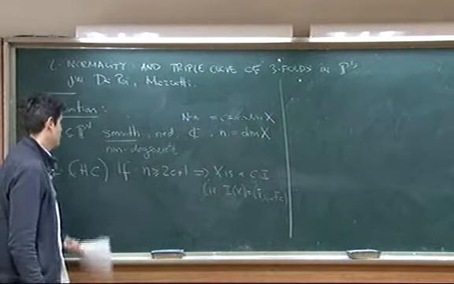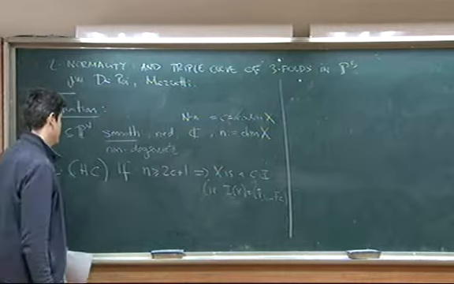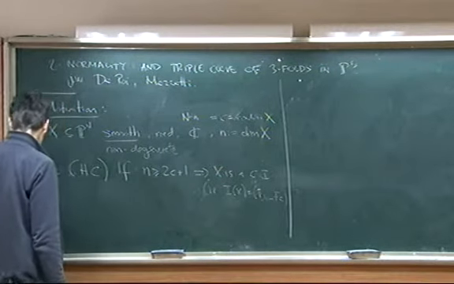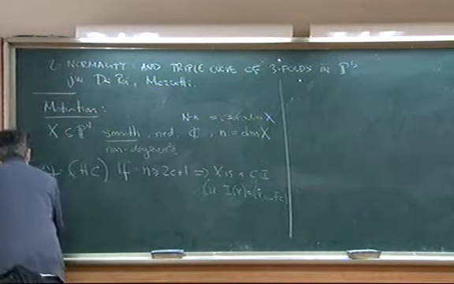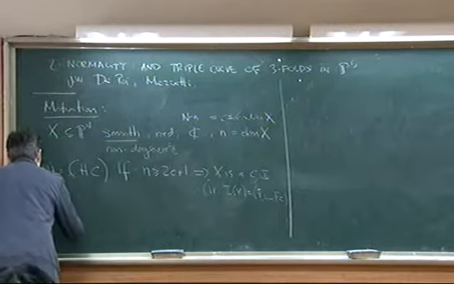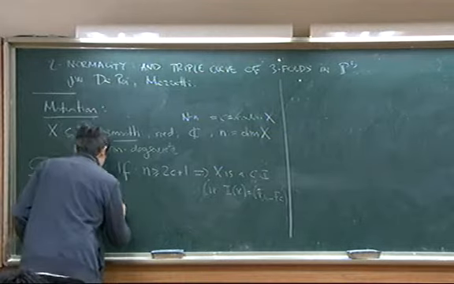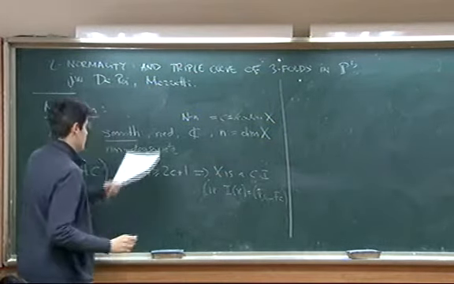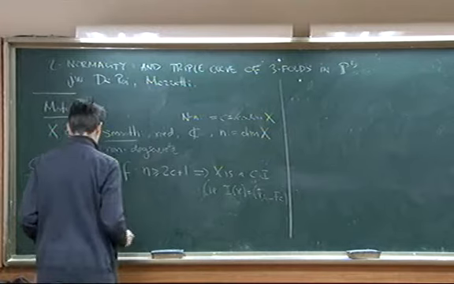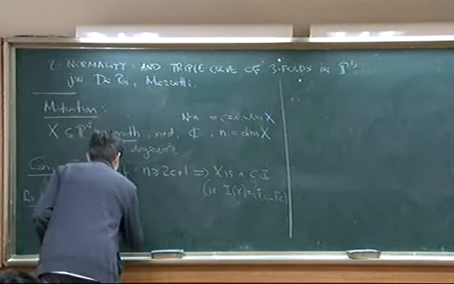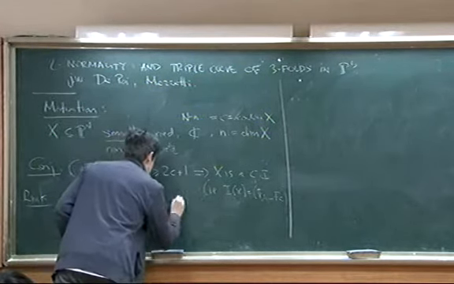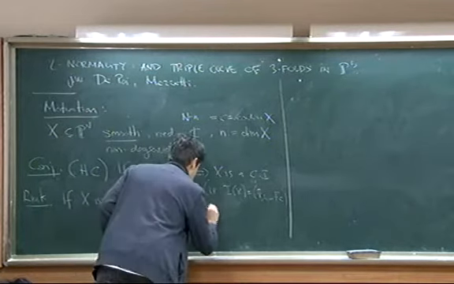This is maybe the most famous conjecture in projective geometry. Let me remark that if X is a complete intersection, then X is projectively normal.